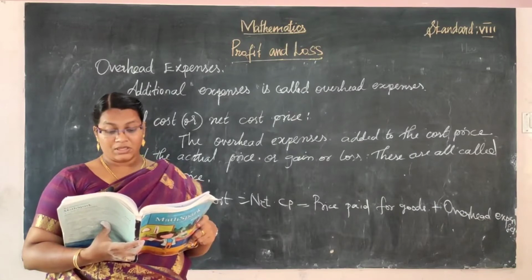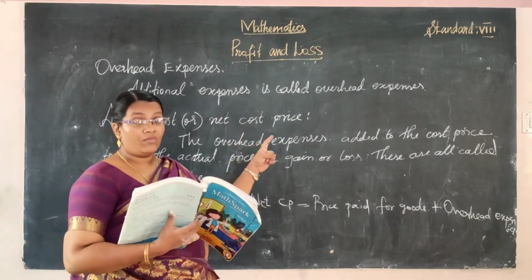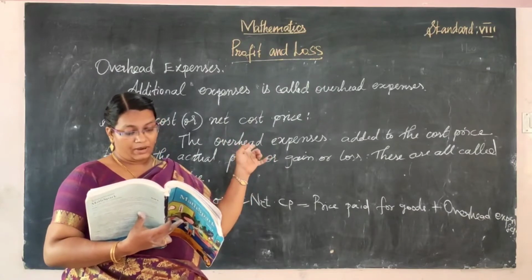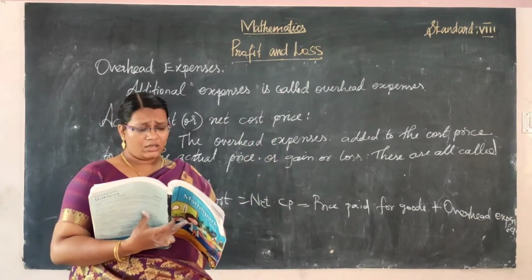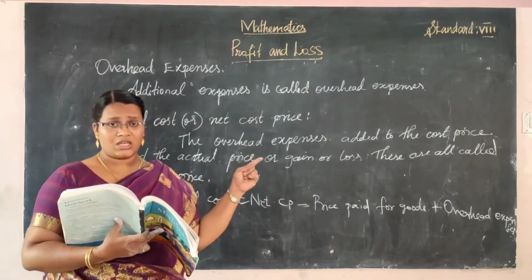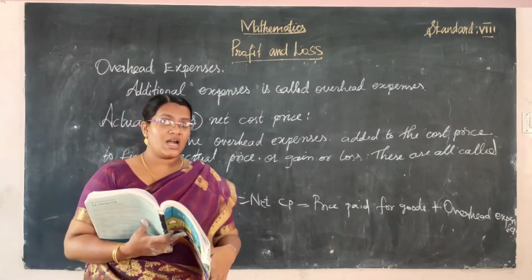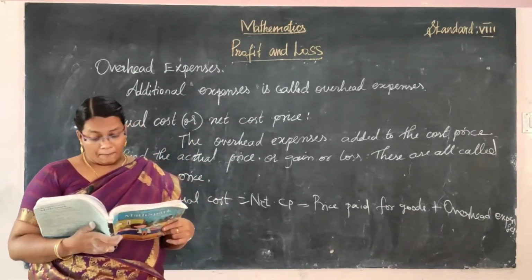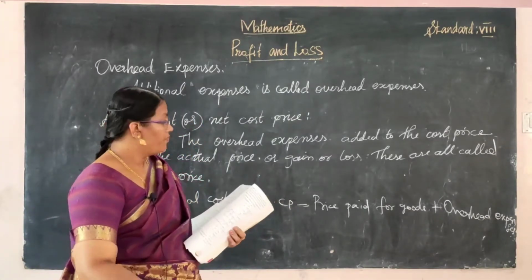So 25% profit. Profit percentage is given, gain percentage given. So which formula do we use? CP is equal to SP into 100 divided by 100 plus gain percentage. That's all.